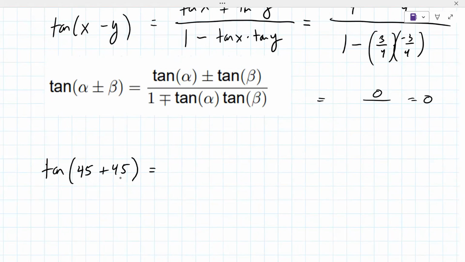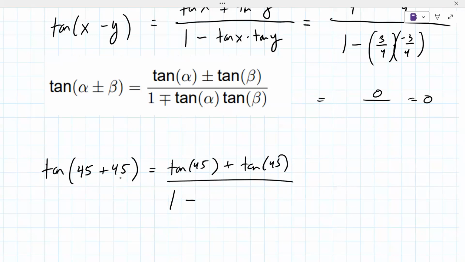You want to try this one for us, please? 45 would be... 1 minus tangent... Oh, you just automatically sub it in?